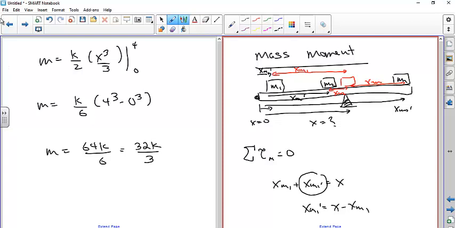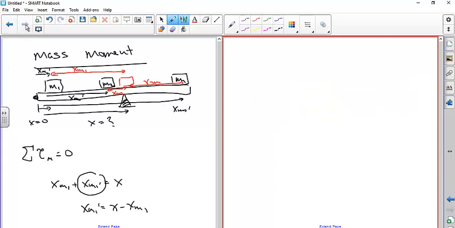So if you want to read the details in the book, you can. But what we do is we define what we call the moment of mass. So it's not like moment of inertia. It's moment of mass, which is a similar calculation. If you remember, moment of inertia from physics was equal to mr squared, so there was this distance squared.